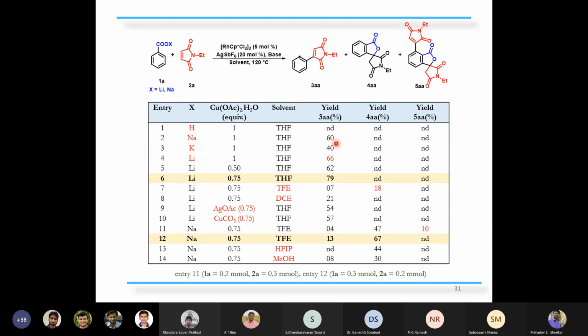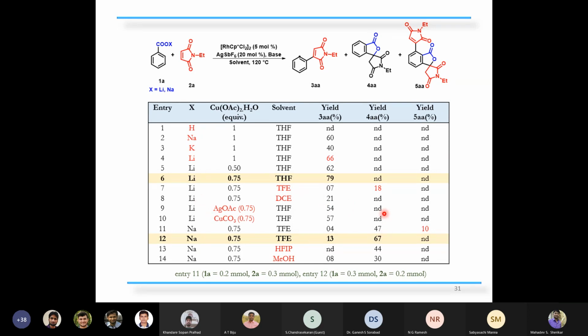Then after screening various salts, oxidants and solvents, finally we got 79% isolated yield of the HEC type product when we used THF solvent and the lithium salt of benzoic acid with copper acetate as an oxidant. While just switching the solvent from THF to TFE, we got 67% of the 4+1 annulation product. So in short, just by switching the solvent and the salt of benzoic acid, we are going to get two different products.